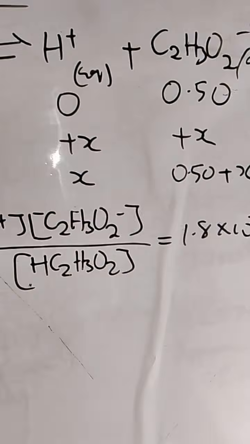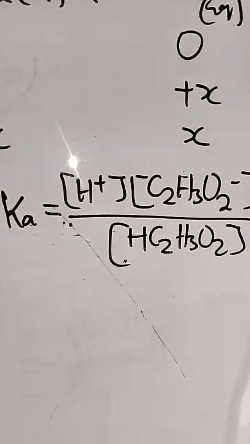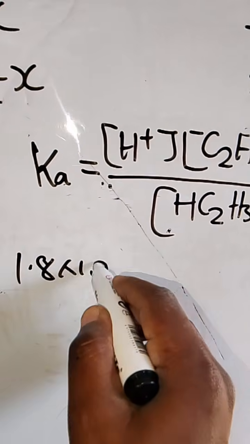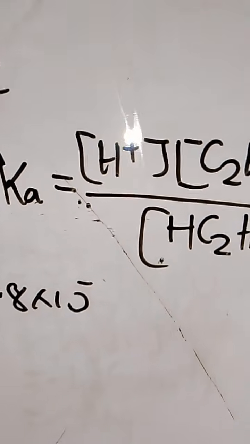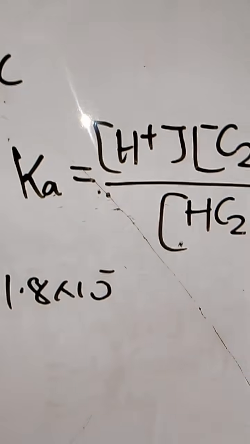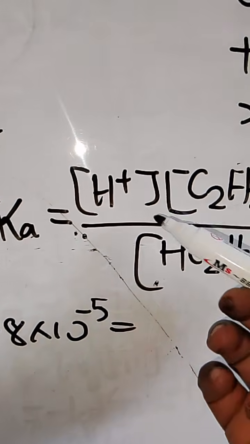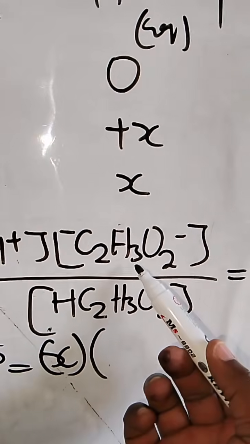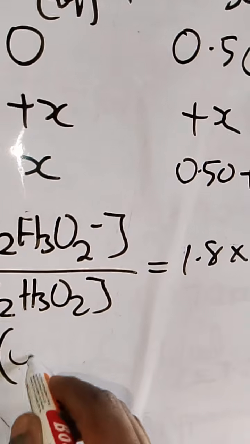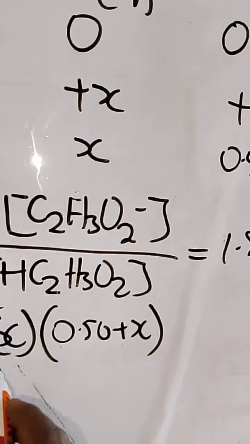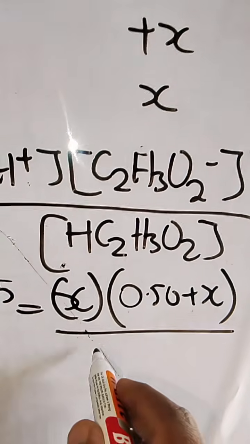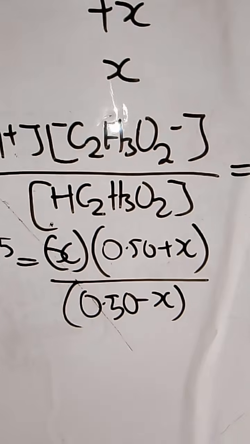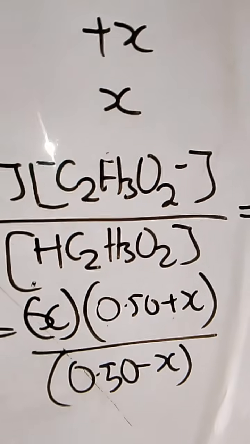Okay, then now we substitute equilibrium concentrations. 1.8 times 10 to the power negative 5 is equal to concentration of hydrogen, which is x, then concentration of the base, 0.50 plus x, over concentration of the acid, 0.50 minus x.